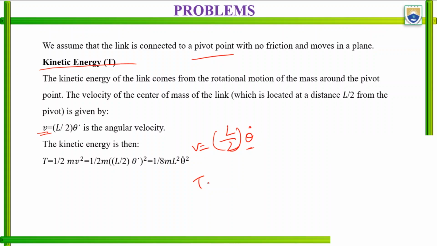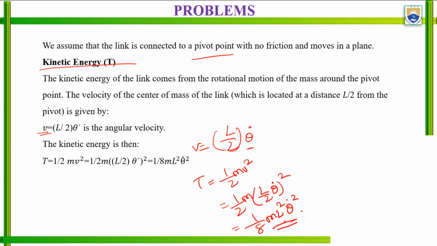Kinetic energy T is taken as 1 by 2 m v square, as we all know. What is v here? 1 by 2 m of L by 2 into theta dot, whole square, which is nothing but 1 by 8 m L square theta dot square.